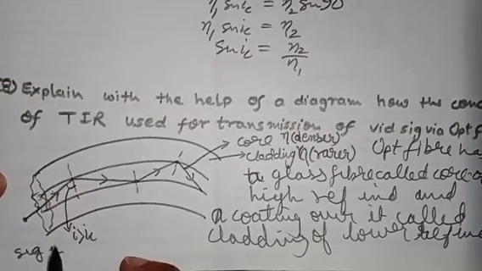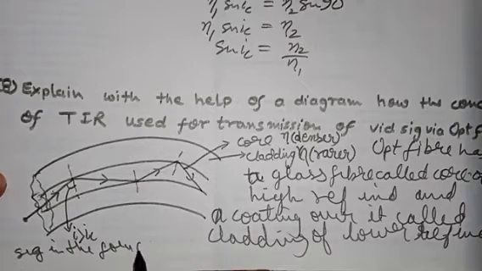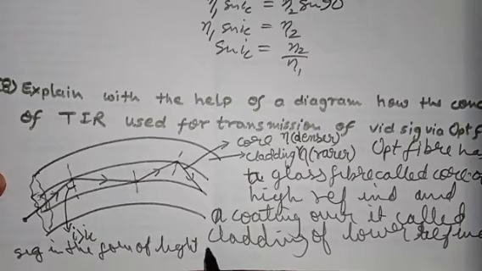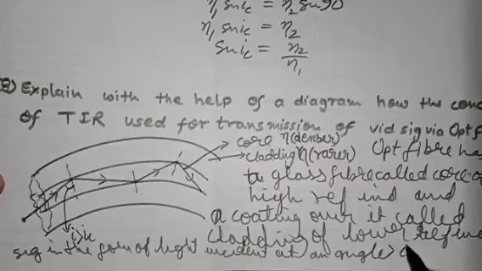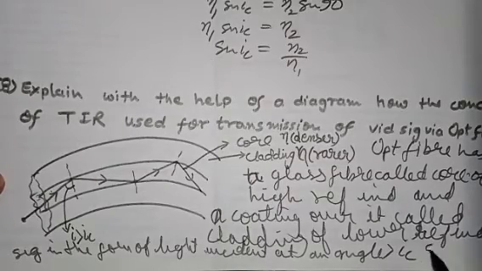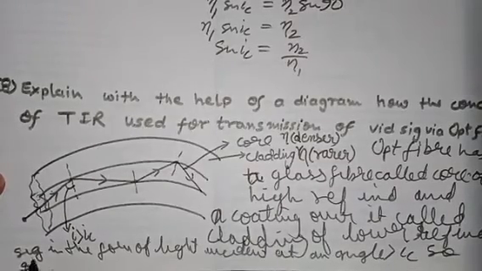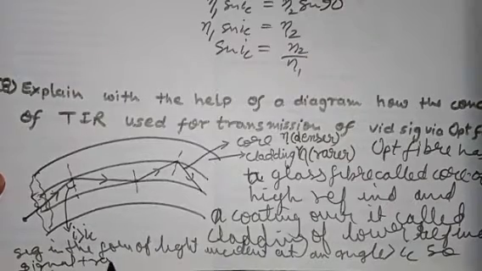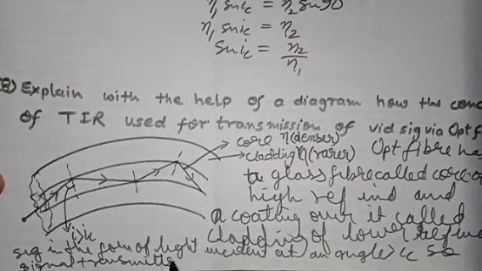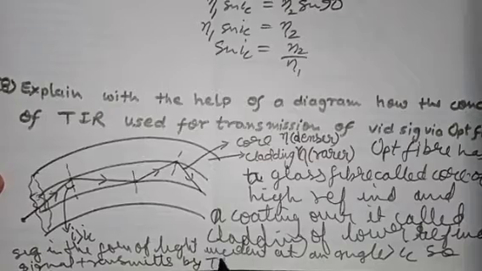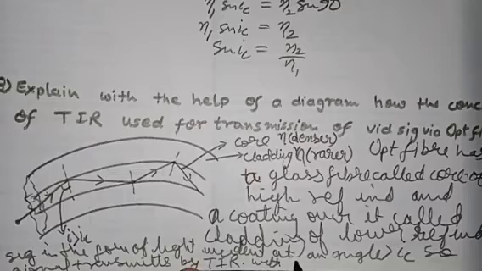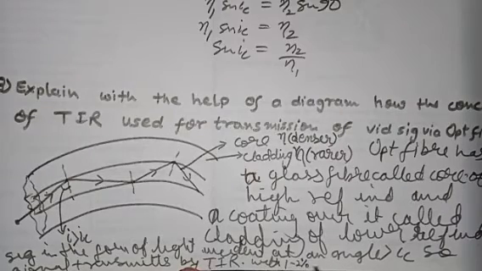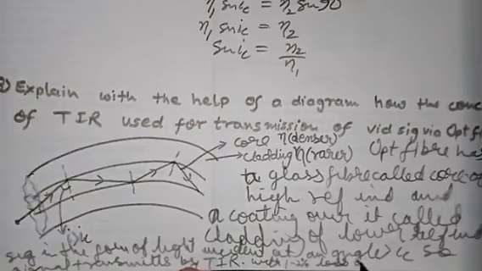Signal in the form of light incident at an angle greater than critical angle. So signal transmits by TIR with 1 to 2% loss only.